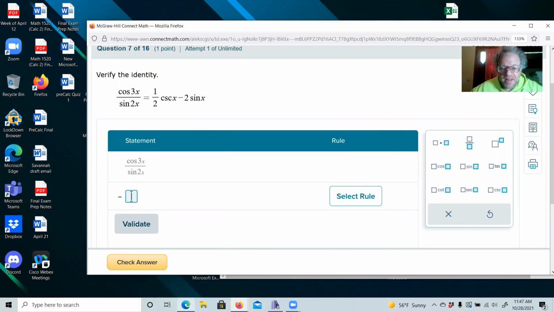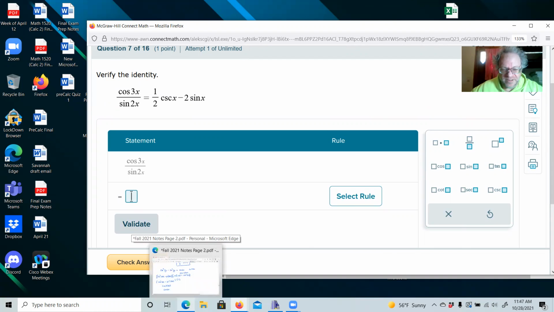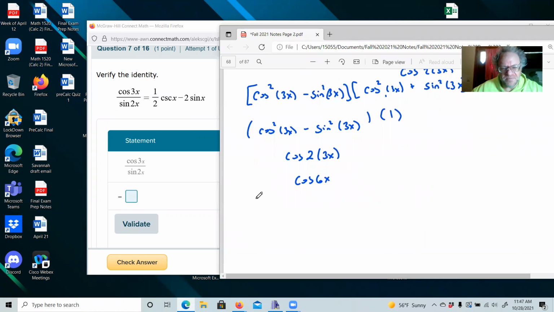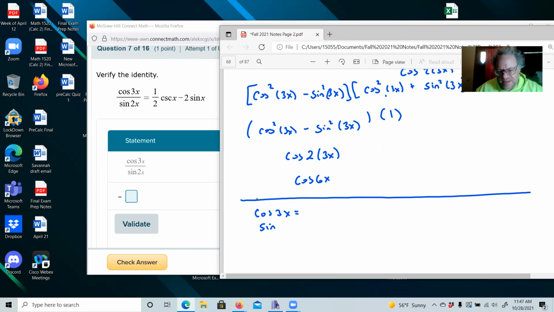You are very likely to see a problem like this on a quiz. So before we get started with that, there's something called triple angle formulas. This is 3, sorry.